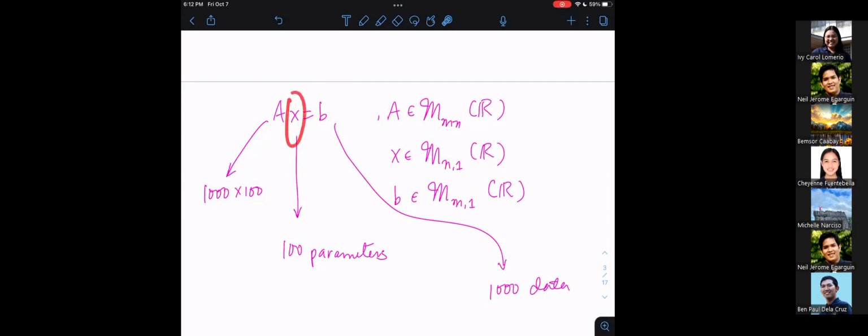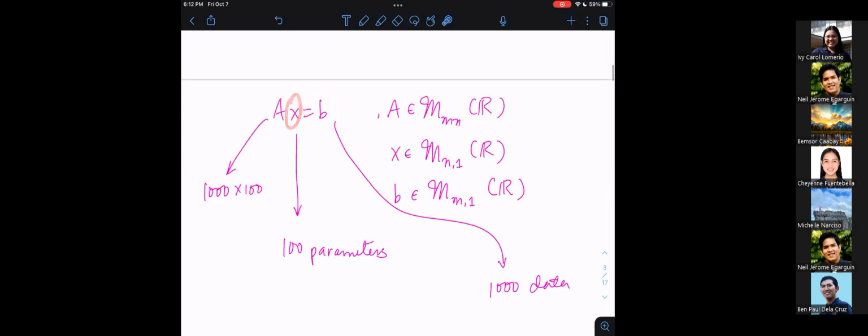Etong mga parameters na nasa laman ni X, siya yung magsasabi ano yung kailangan kong mga parameters para ma-match yung data na B. And you don't want your parameters to be as many as your data points. Kasi parang mahirap na siyang i-instantiate. So you want X to be as small as possible, all right? Minimal number of parameters, but you can match as many data as possible, right?